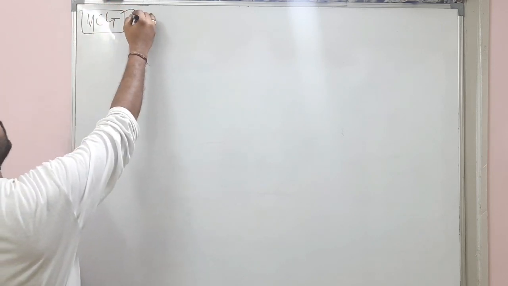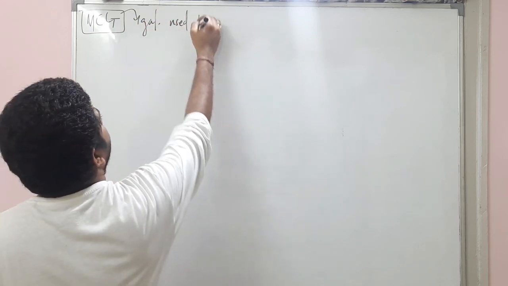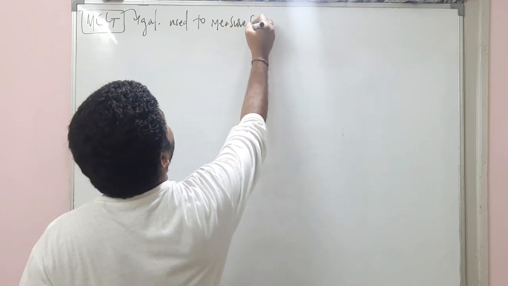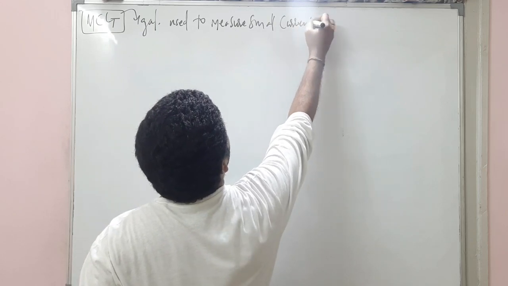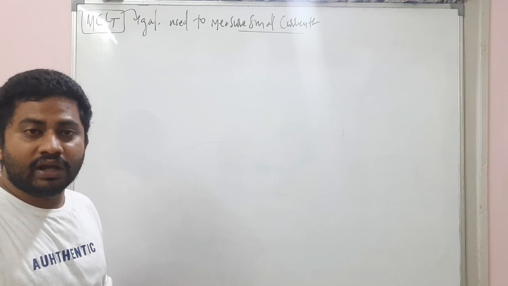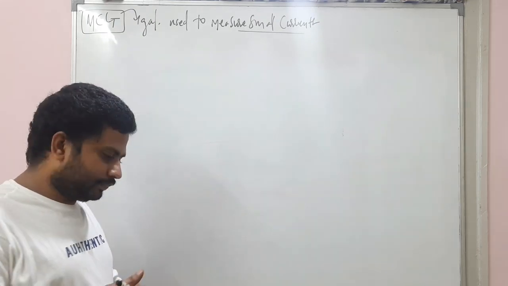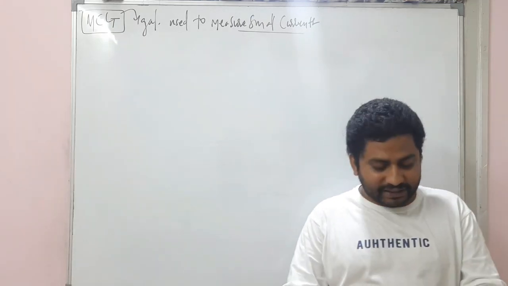The galvanometer is used to measure very small currents in the circuit. We use this moving coil galvanometer. I am not going to draw the diagram of the moving coil galvanometer, because in our regular classes the neat diagram was mentioned over there.